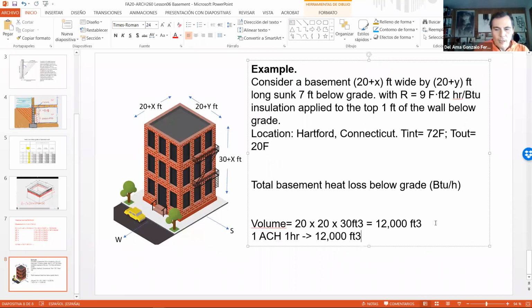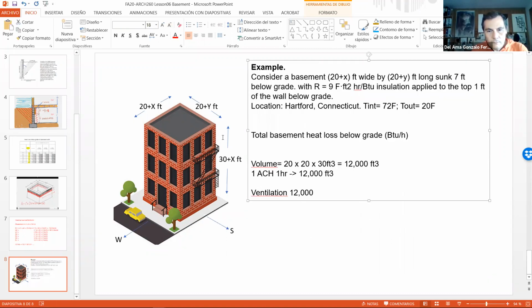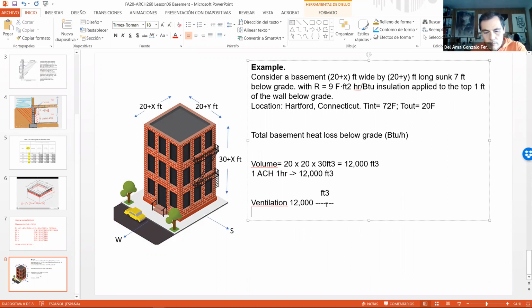Okay, so what is the ventilation? The ventilation is 12,000 cubic feet per hour.